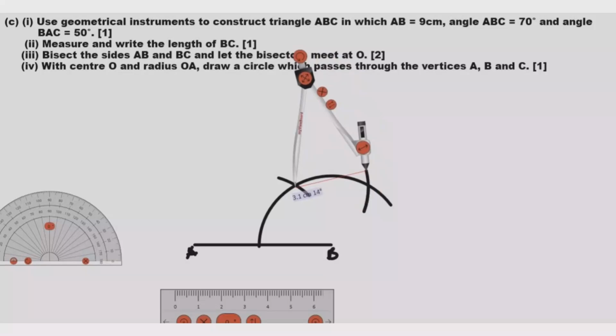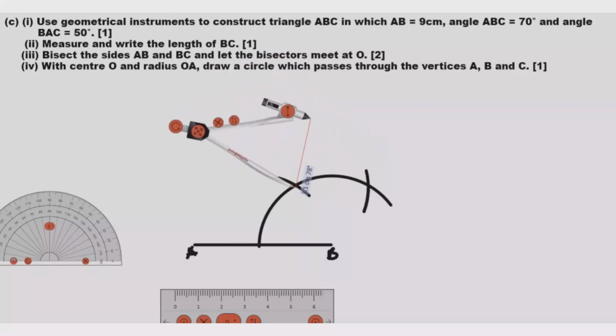Like that. Now once I've done that, the next thing I'm going to do is draw the arc there. So now using these points I've drawn, I'm going to draw the arc there. So this will be the point, then I'm going to draw the arc here.